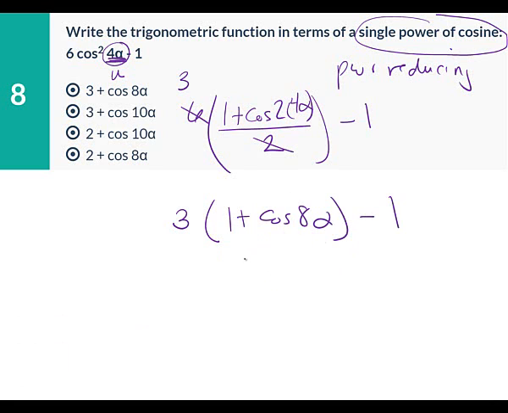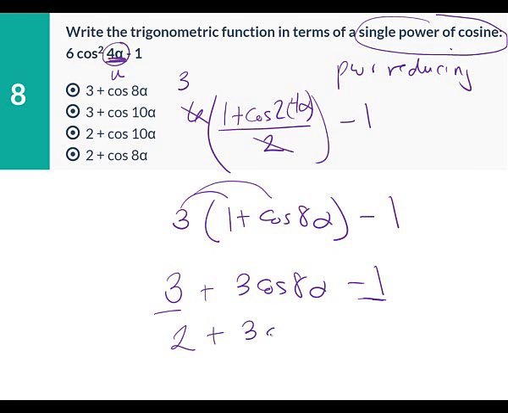All right, do I really need those parentheses? Oh, yes, I do. What do I have to do with this 3 first? I think I might have a typo in these answers, too. 3 plus 3 cosine 8 alpha minus 1. Now what do I do with this 3 and this minus 1? Subtracted. So we should have 2 plus 3 cosine 8 alpha.